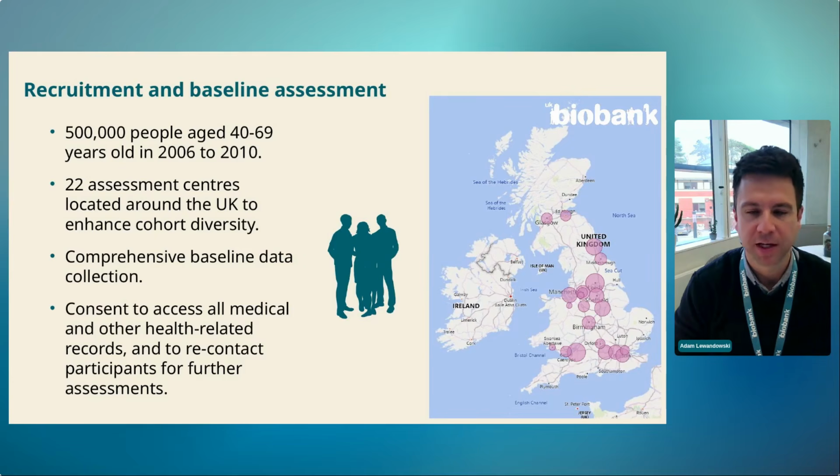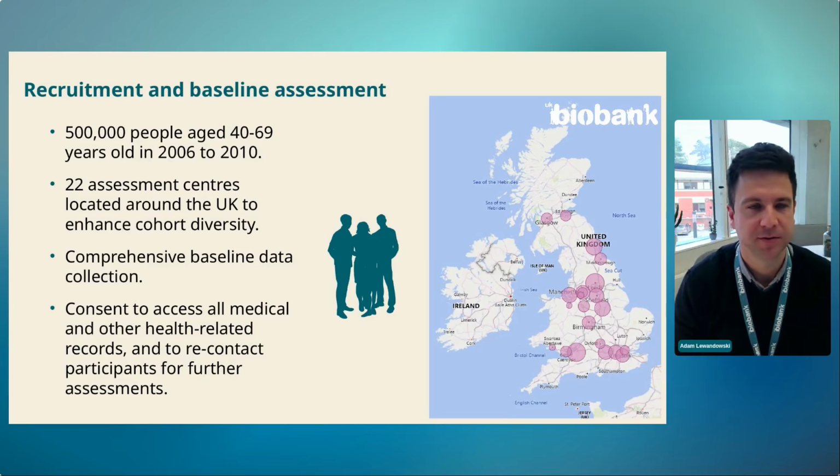Between 2006 and 2010, 500,000 participants joined UK Biobank for a series of assessments done across 22 assessment centres around the UK. There was comprehensive baseline data collection, including questionnaires, anthropometric and demographic information, some physiological measures, sample collection, as well as cognitive tests.